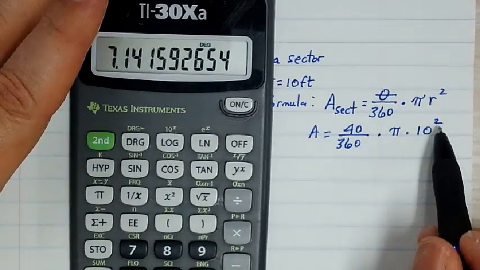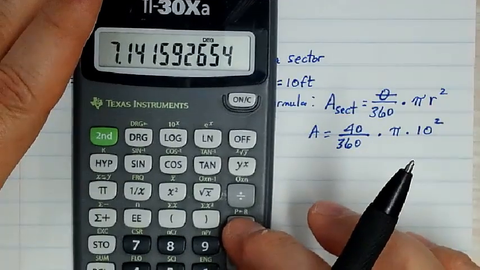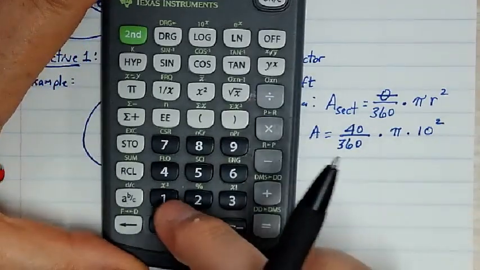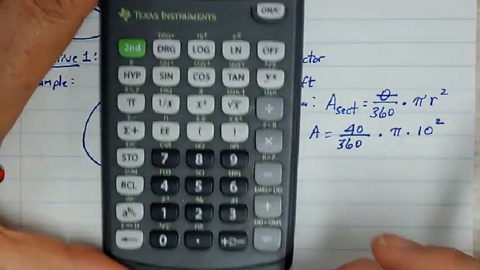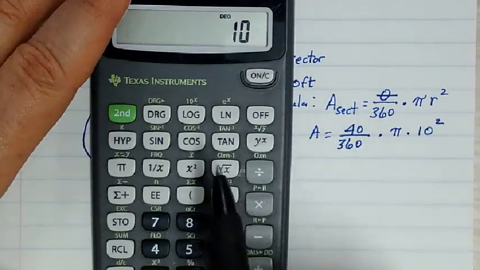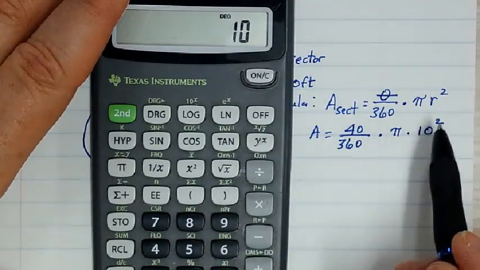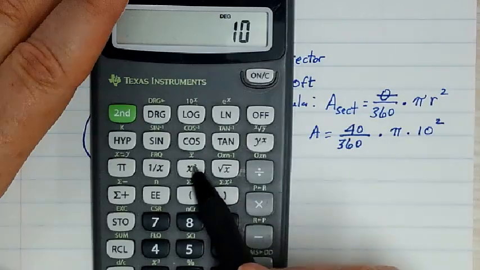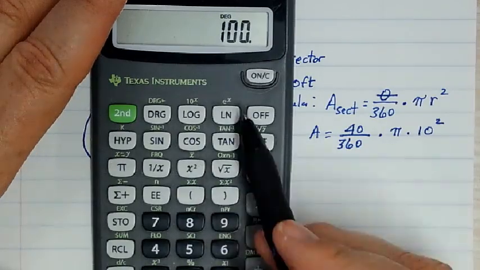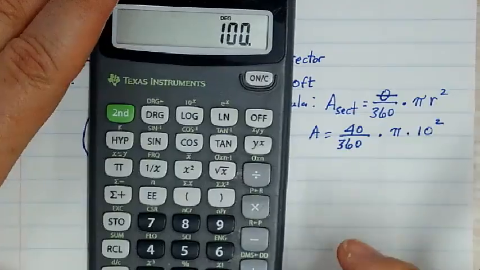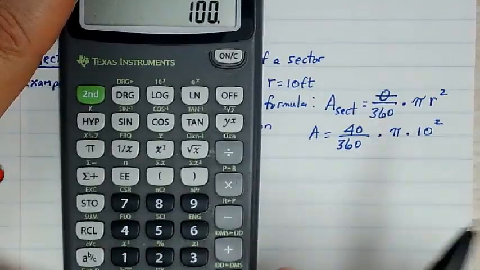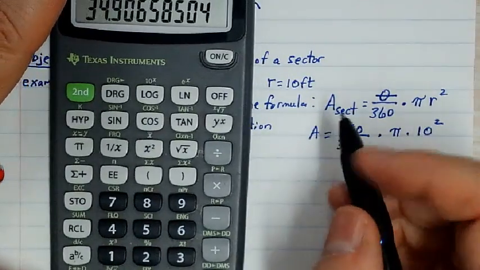So we put times. We're going to press in the 10, but you have to hit x squared because notice the 10 is squared, so we hit the x squared button right there. That's 10 squared. Now to execute all these multiplications, we have to hit equals, and we get our final answer.